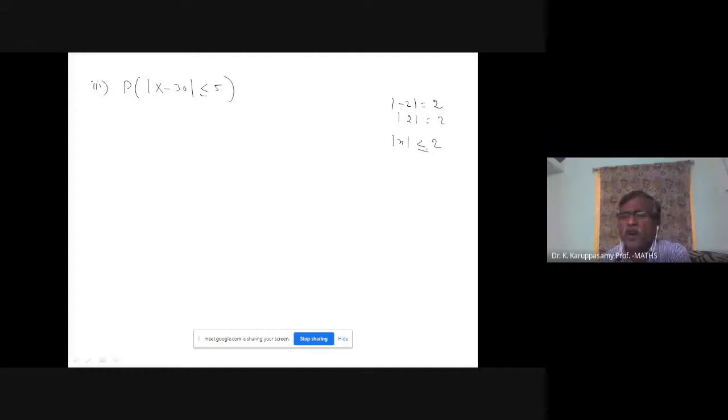What is the meaning of modulus of x less than or equal to 2? From which number to which number will x range? If the number is negative, we are going to make it positive. So modulus of x less than or equal to 2 is equivalent to x lying between the negative of this number and the positive of that number.